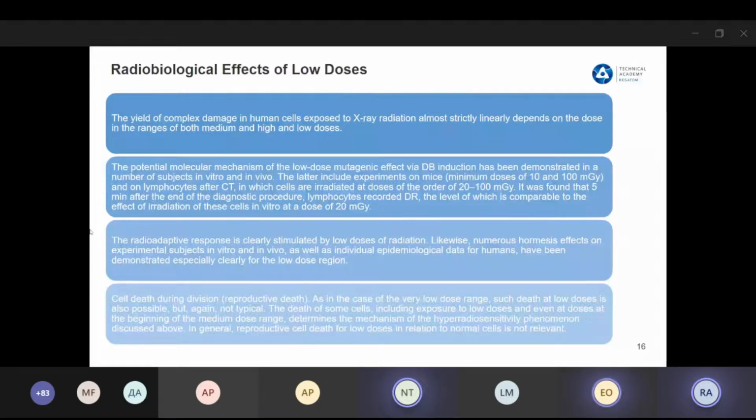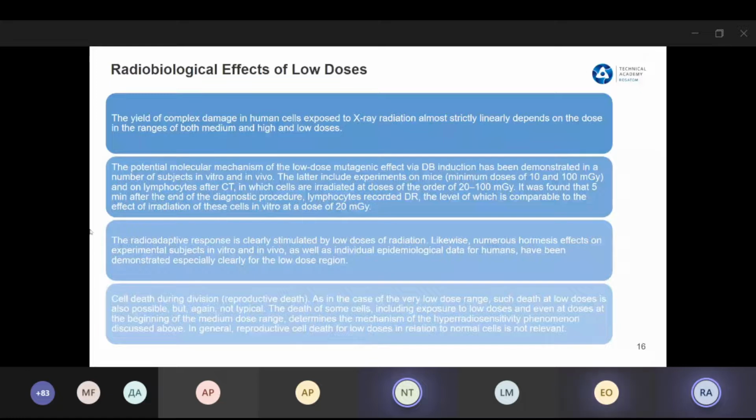Hereditary genetic effects. Transgenerational effects, disorders and pathologies in non-irradiated children of exposed parents in relation to humans have not been shown in more than 60 years of research at any doses.